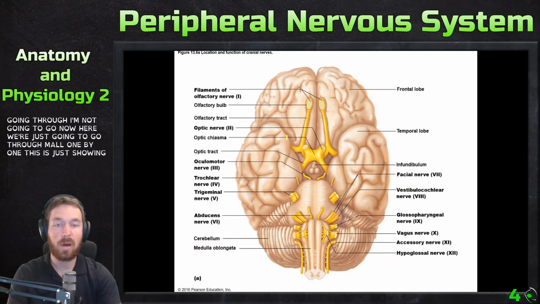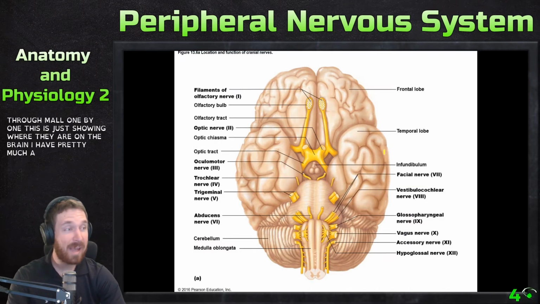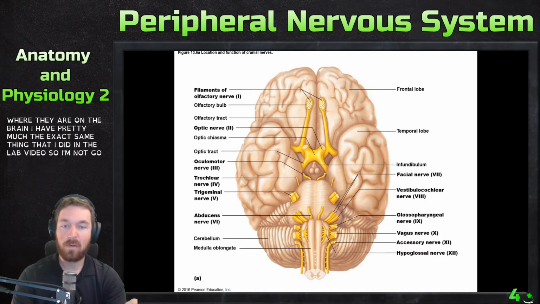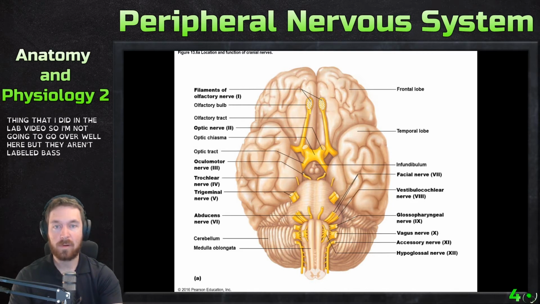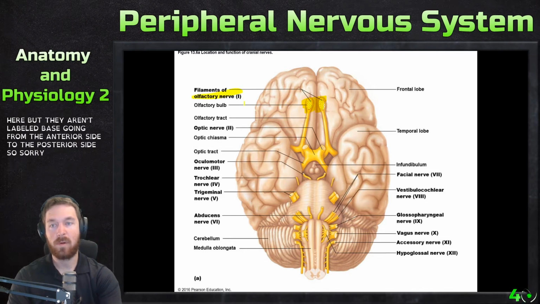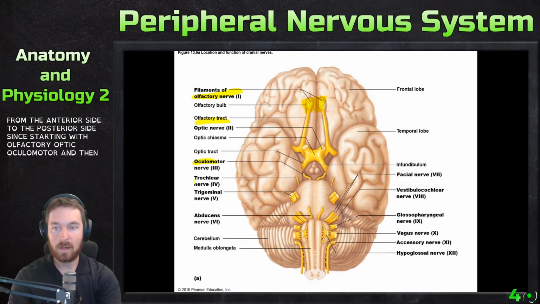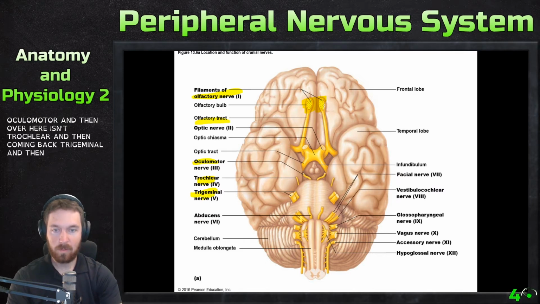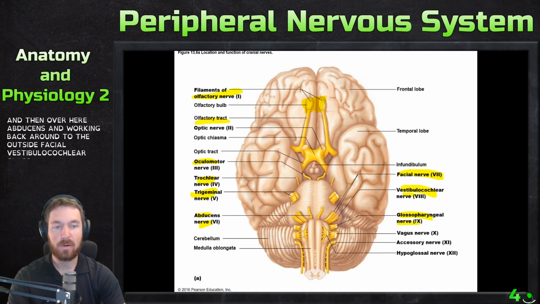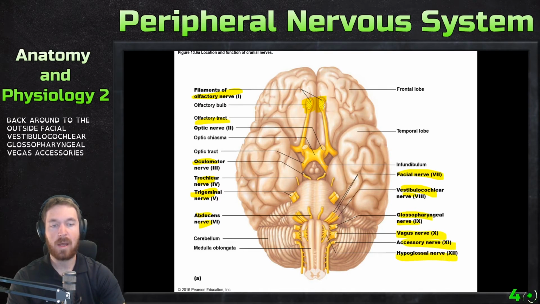This is just showing where they are on the brain. I have pretty much the exact same thing that I did in the lab video, so I'm not going to go over them all here, but they are labeled going from the anterior side to the posterior side. Starting with olfactory, optic, oculomotor, and then over here trochlear, and then coming back, trigeminal, and then over here abducens, and working back around to the outside, facial, vestibulocochlear, glossopharyngeal, vagus, accessory, and hypoglossal.